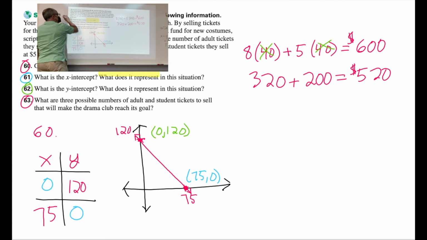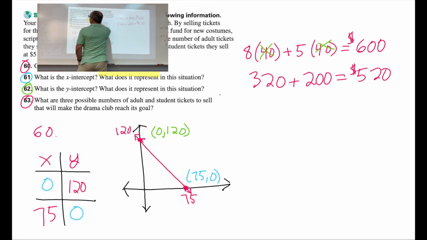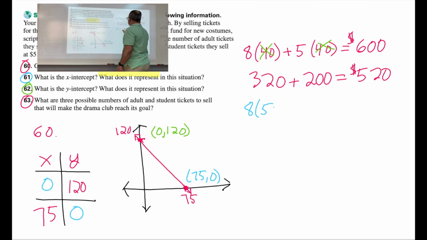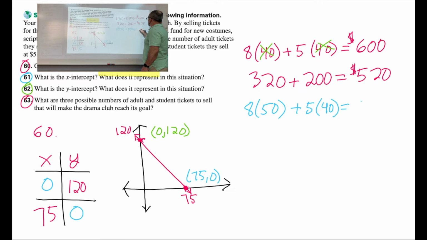Very good. Let's try that. And then 5 times 10. So 8 times 50 is 400, plus 5 times 40. Wouldn't it be 10 though? You're trying to get to 600. Yeah, this is 400 plus 200.